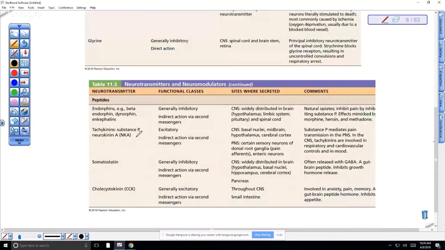Okay, so then we have the endorphins, right? They are generally inhibitory, and they act via an indirect action. They are widespread in the brain, and they are natural opiates, so they block pain perception. That can be a good thing. But if you're taking heroin, which mimics the action of endorphins, your body is going to sense that you have too many endorphins, and too many endorphins means you are not going to sense pain.